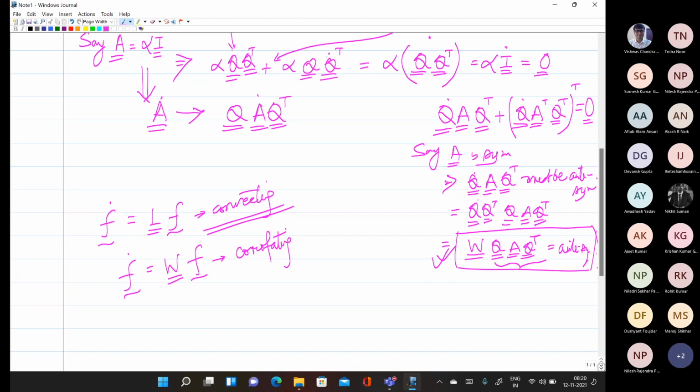At the same time, their magnitudes are also changing. It's possible that f1 is getting inflated, f2 is getting compressed, and likewise f3 is undergoing something. So the basis vectors are changing not only the angles between them, but also their magnitudes. And then you are measuring things related to such a basis vector.